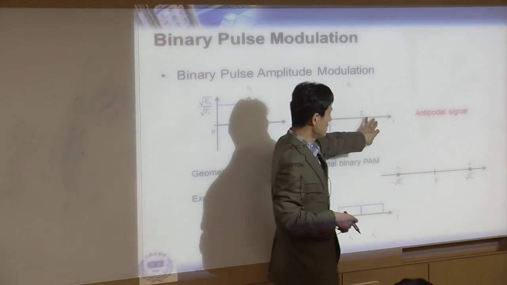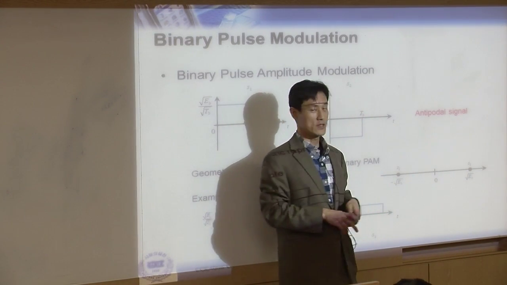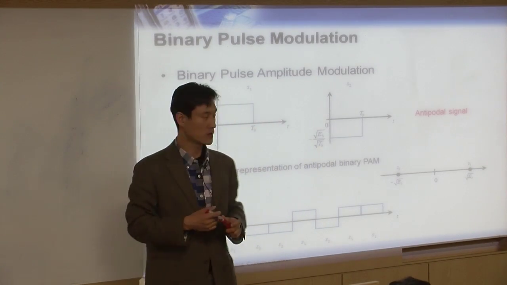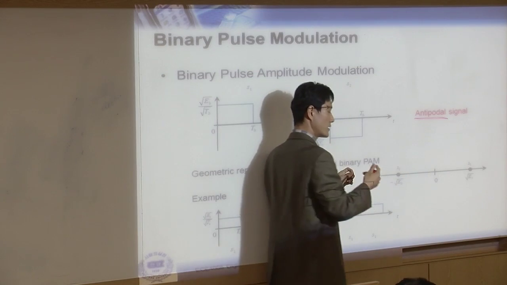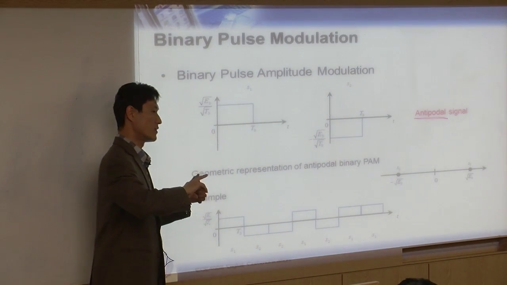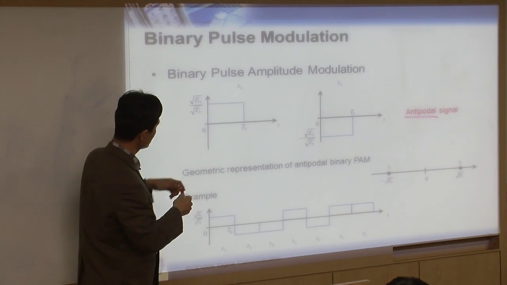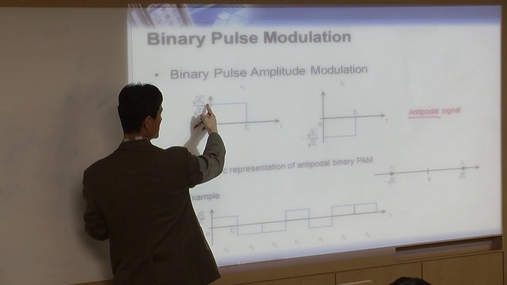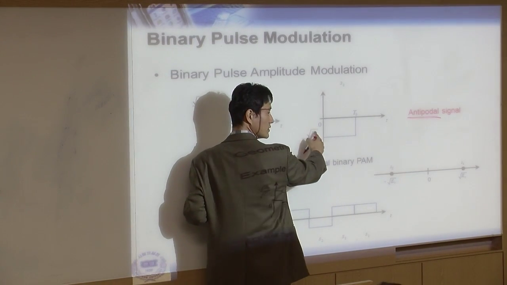This kind of signal is often called an antipodal signal. Why do we call it antipodal? Antipodal basically means we have a different sign. You can see that, right? This is a plus some value, and this is minus the same value.